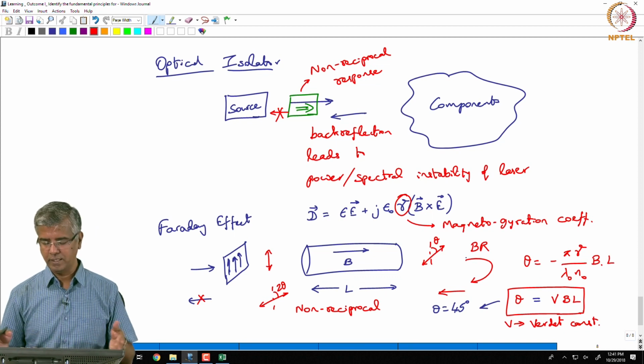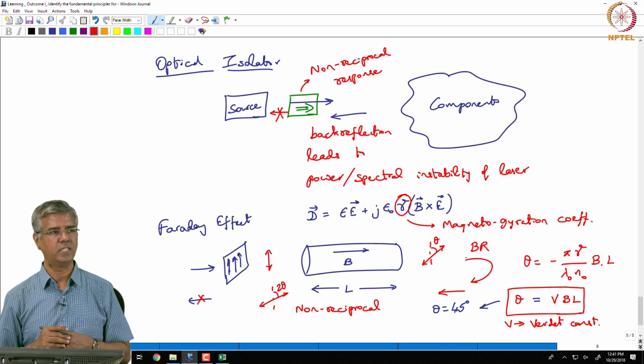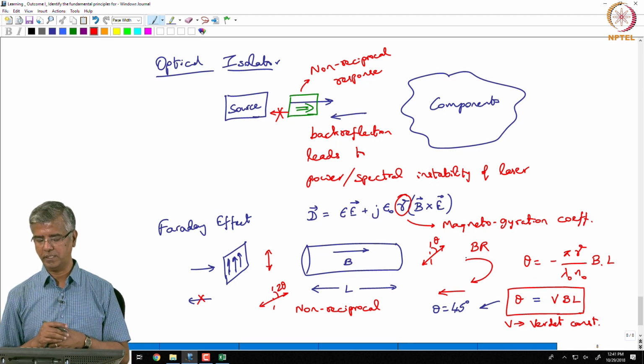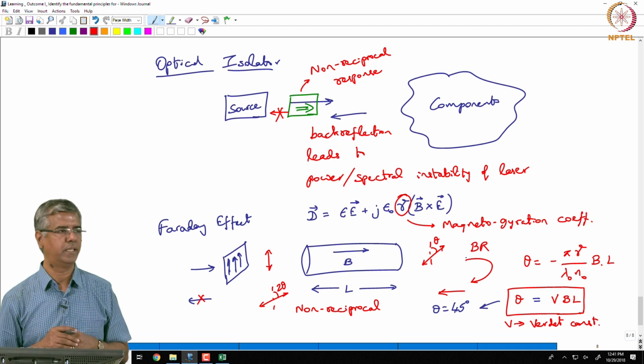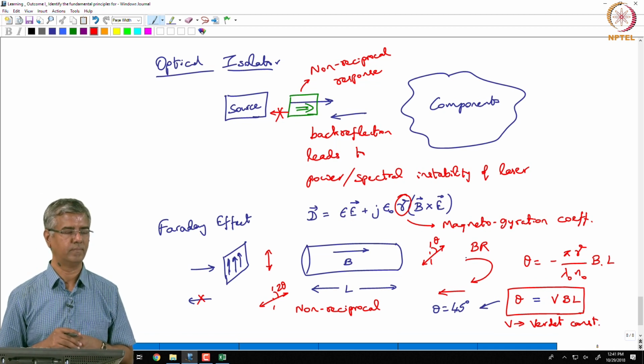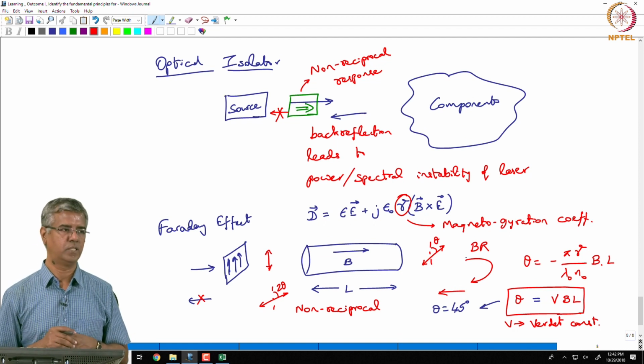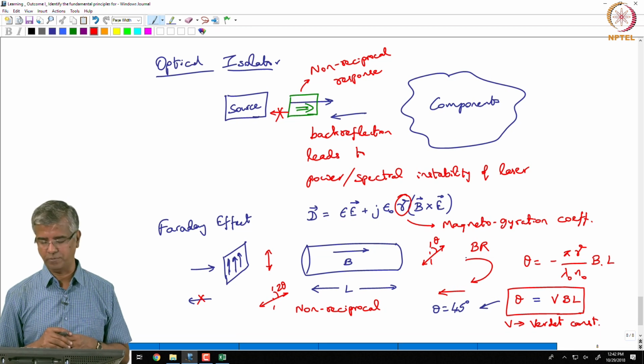So, this entire device now consisting of a polarizer followed by this Faraday material, or a material which has this gamma, the magnetogyration, would have together worked like an isolator. So, the question is, yes, this would work only if theta is 45 degrees. Yes, to get maximum isolation, you need to have theta set at 45 degrees.